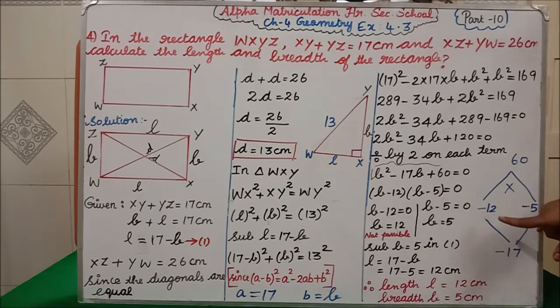Now you have to write here two numbers. Clear? If you multiply the two numbers, you have to get this top part. If you add or subtract the two numbers, you have to get the down part. Here you have to multiply to get this top part. You have to add or else you can subtract to get this below part.